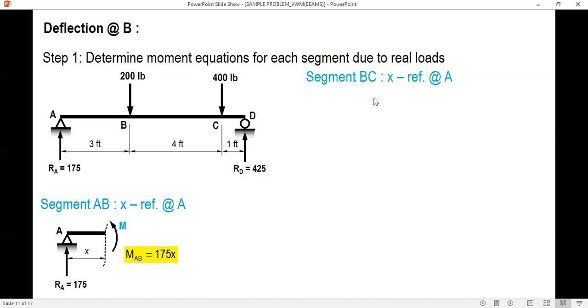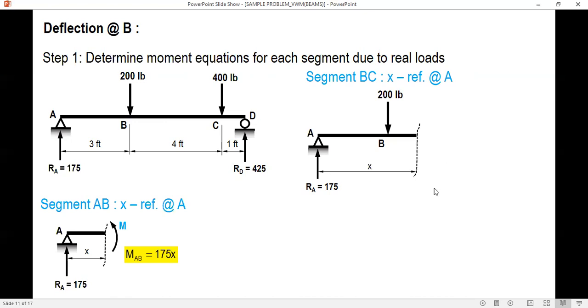Only for BC. X is referred at A. So, for this solution, X is referred to the extreme point, left or right. So, for BC, X is referred at A. And since B is 3 away, this is X minus 3.